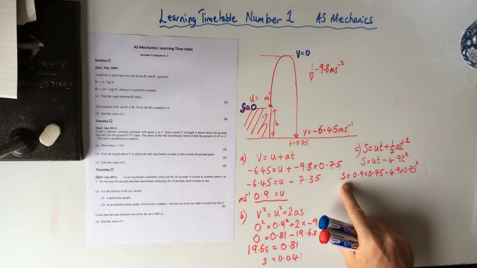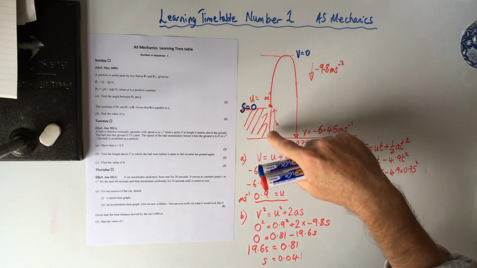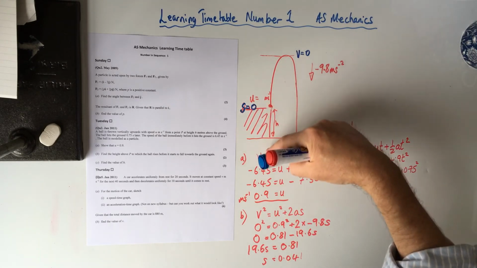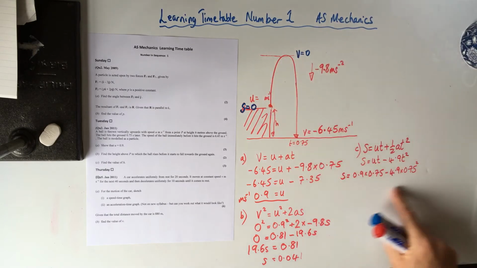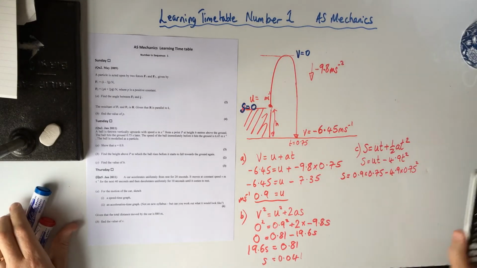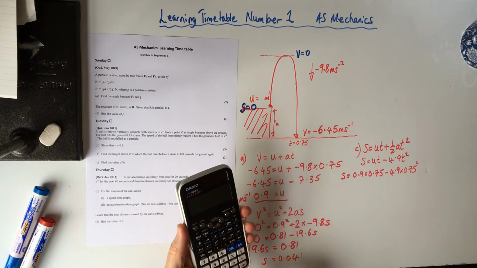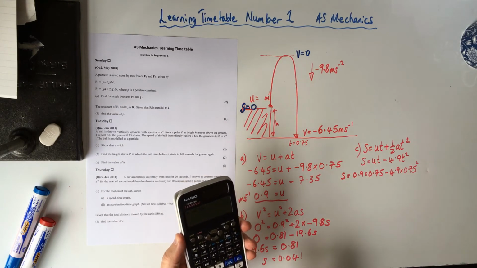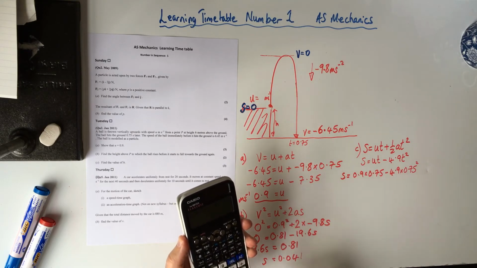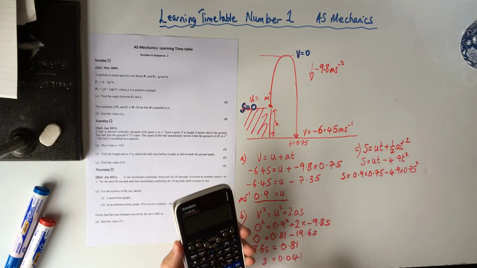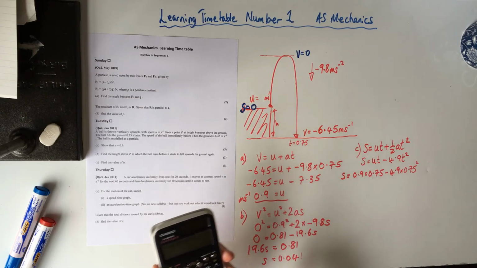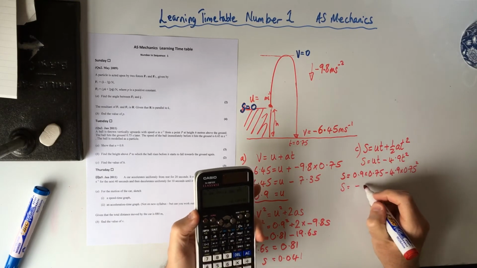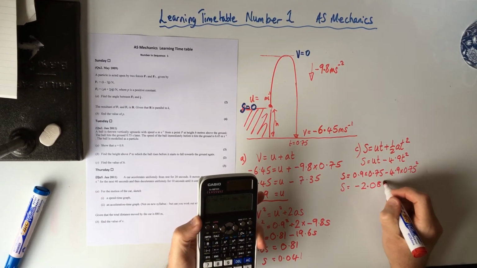And of course the s should come out negative. If it doesn't, we've done something wrong. And the minus just means it's down this way and not up that way. So that's what we're going to put into our calculator. 0.9 times 0.75 minus 4.9 times 0.75 squared is equal to minus 2.085.